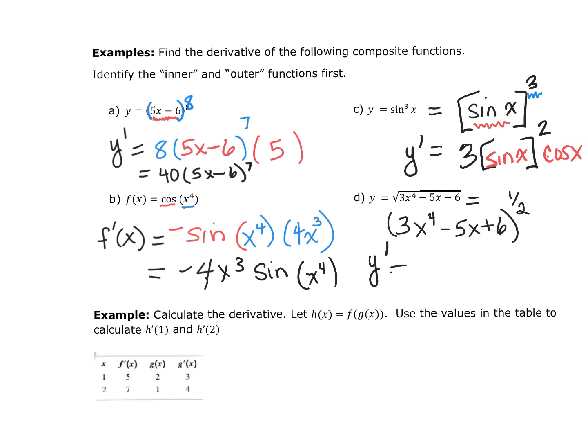Making sure that I use the derivative notation. This is going to be 1/2 times 3x to the fourth minus 5x plus 6 to the negative 1/2, times the derivative, which is 12x cubed minus 5.